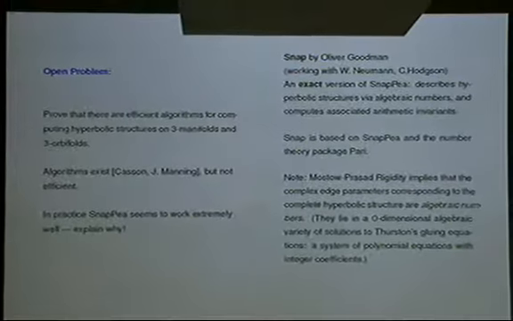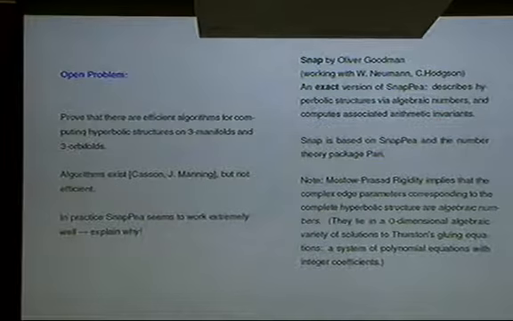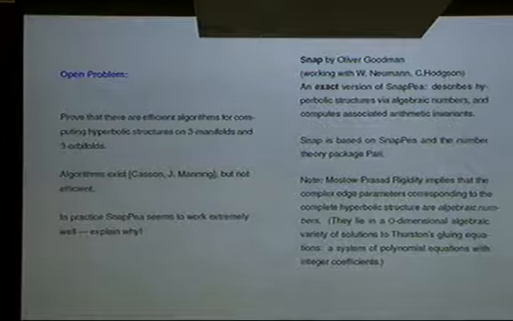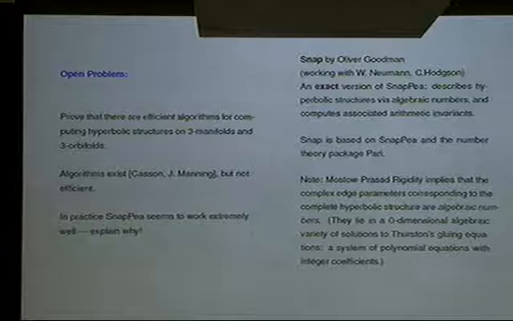Okay. The final thing I wanted to talk about today is another program called SNAP. This is basically an exact version of Snappy. So Snappy gives you numerical solutions. SNAP allows you to find exact descriptions of hyperbolic structures.